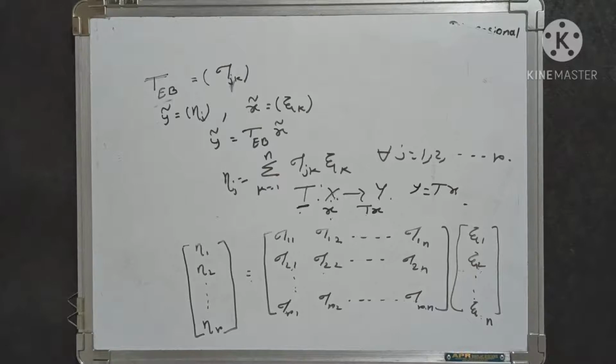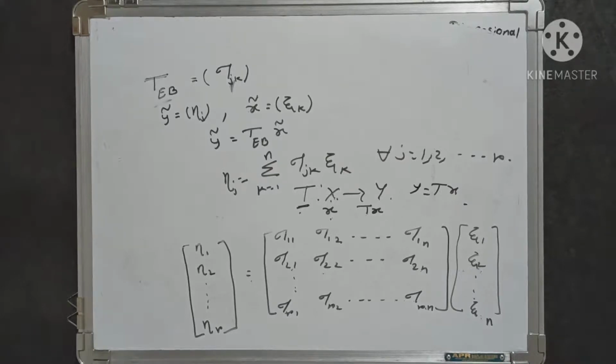In this way we say that the matrix is uniquely determined by the linear operator T. That means the matrix T_EB represents the operator T with respect to those bases.